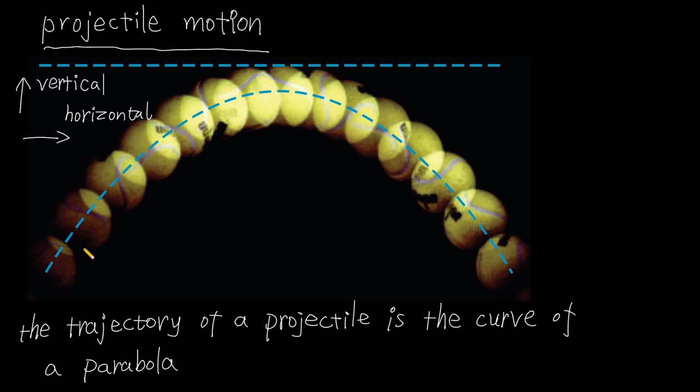The ball moves in both the horizontal direction and the vertical direction. And after investigation, people found that the projectile motion is the combination of the independent horizontal motion and the vertical motion. And the projectile motion has the following properties.